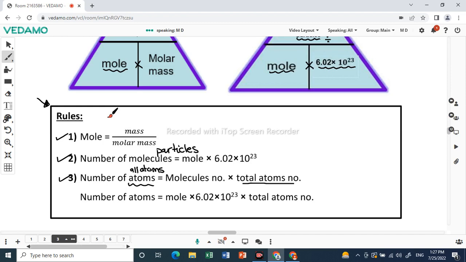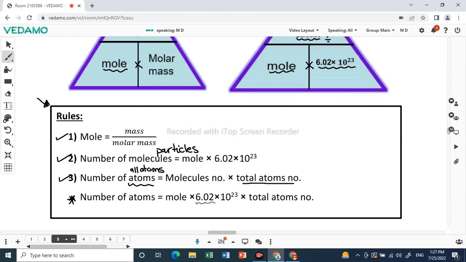So if I'm going back another time to rule number 2, I will find that the number of atoms will equal the mole multiplied by Avogadro's constant and multiplied by the total atoms number.